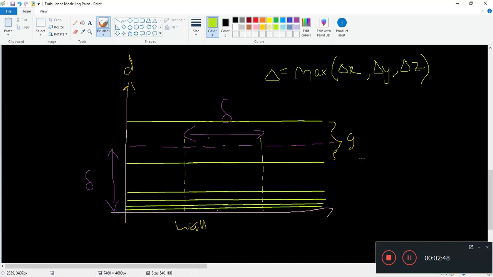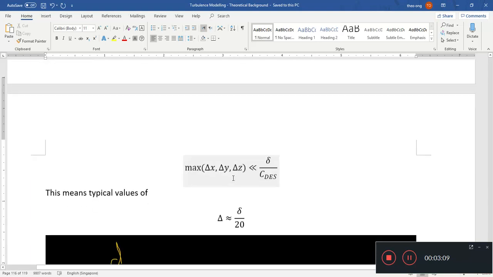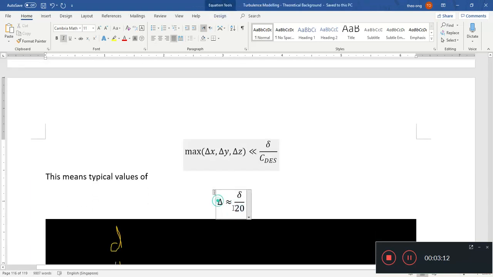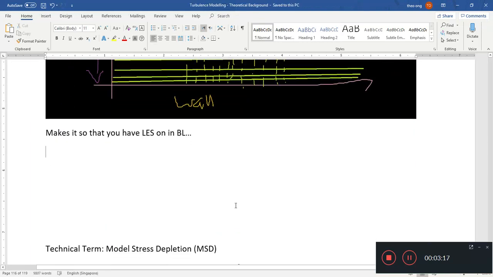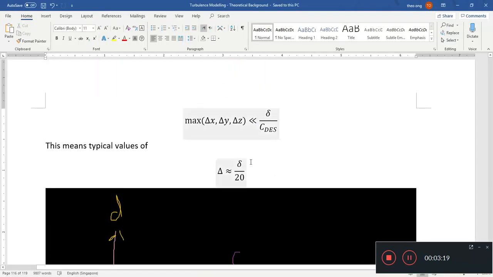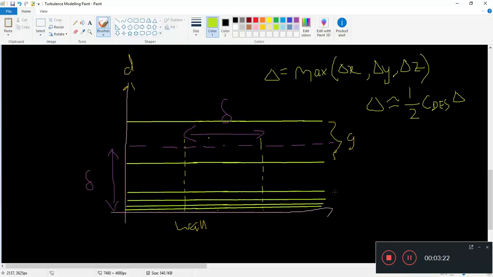If you have this scenario, CDES times delta, or rather, you wanted this, right? Delta equals this delta over 20.